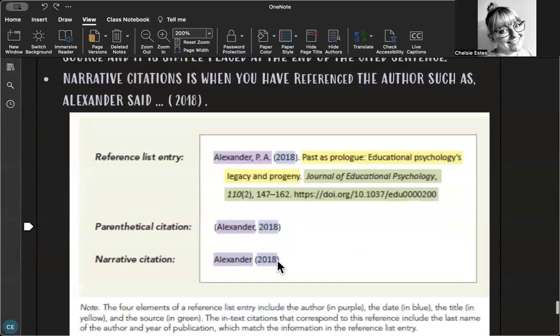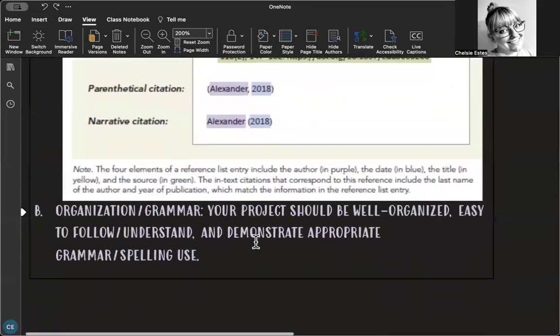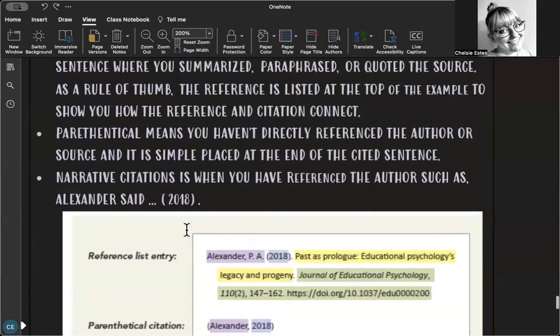And then you would have an in-text citation, which will probably be parenthetical. Most of the time, we summarize information without mentioning the author, so we just put the author and the year in parentheses at the very end. And then you'll get a grade on organization and grammar.